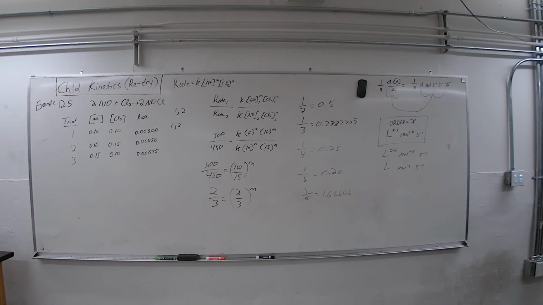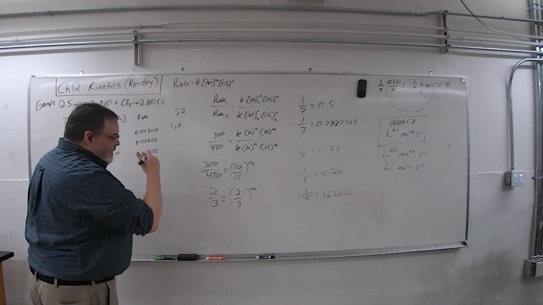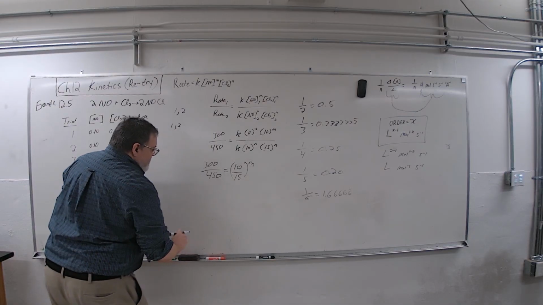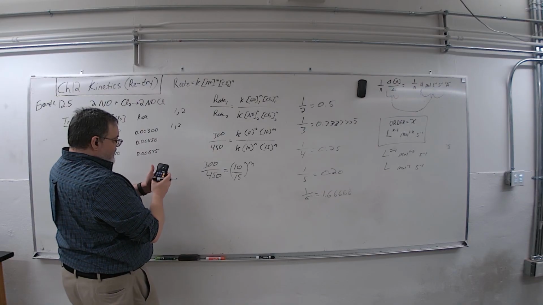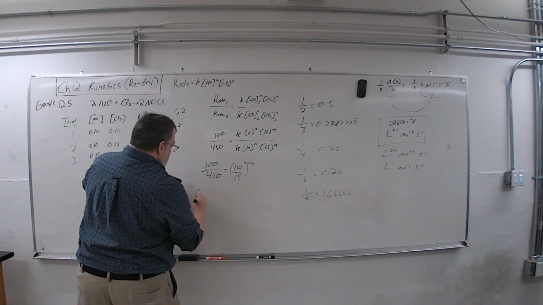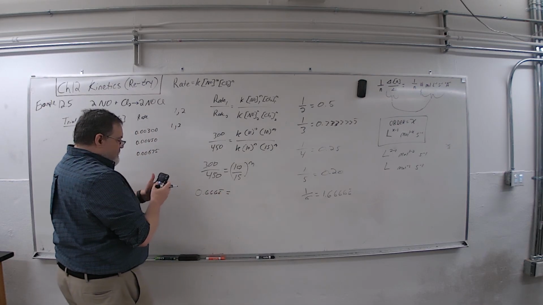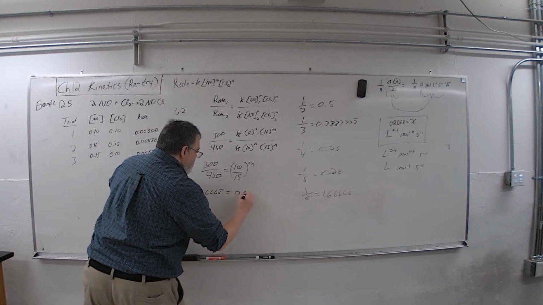Decimal form, you have to figure out what fraction it is. Oh, no. If you're stuck, you just do this. 300 divided by 450, repeating. And then just do 10 divided by 15. And that also equals 0.6666.